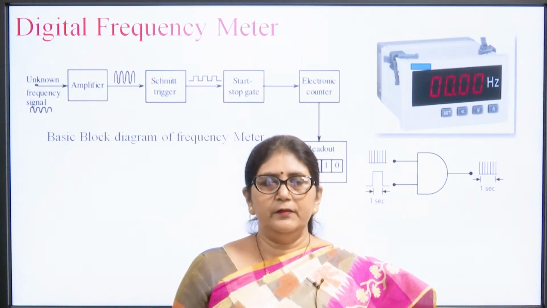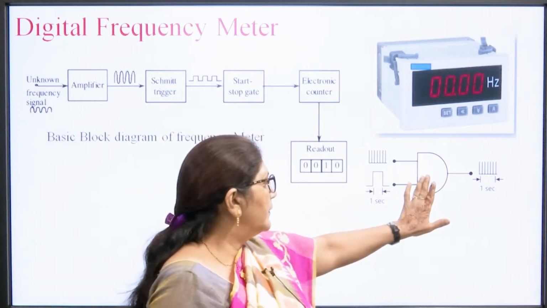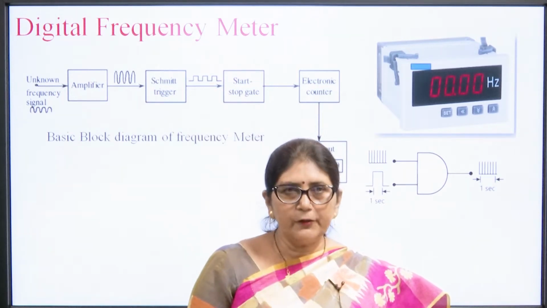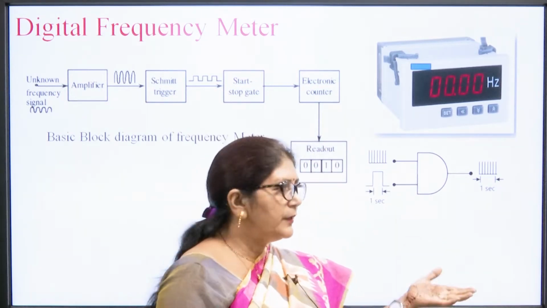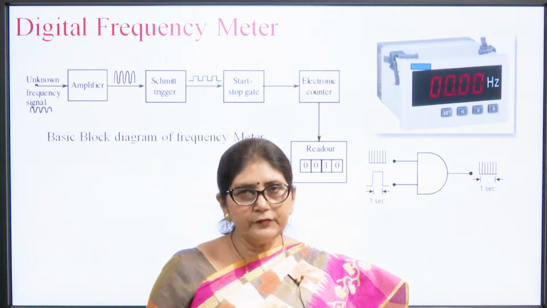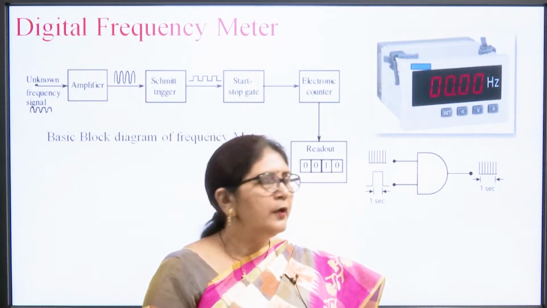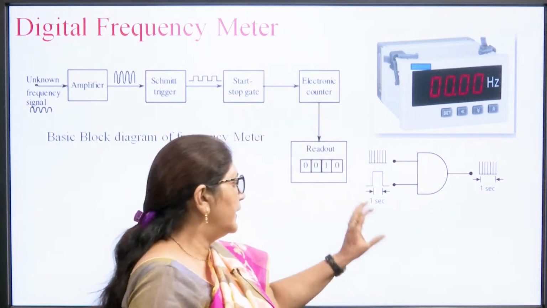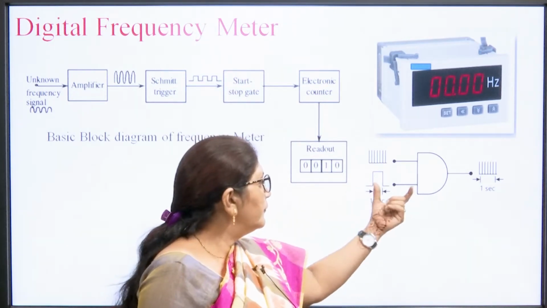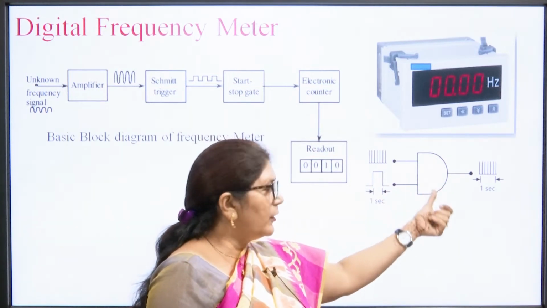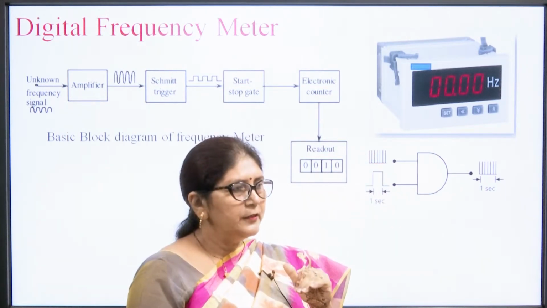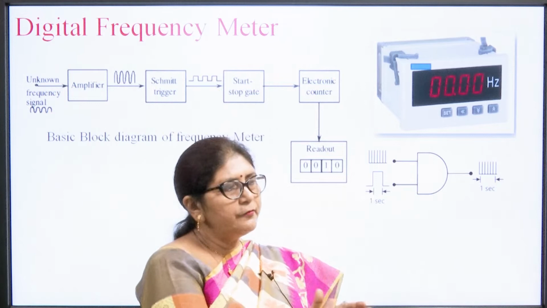So, if we use an AND gate, we know from its truth table that the AND gate produces a high output when both the inputs are 1. If any one input is 0, the output of the AND gate is 0. So, we can simply use an AND gate, and pass a pulse of 1 second through one terminal, and at the second terminal we pass the signal whose frequency we want to measure.